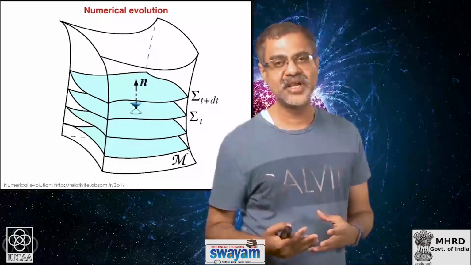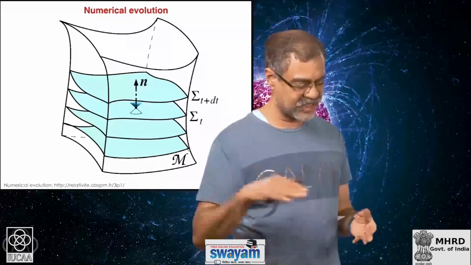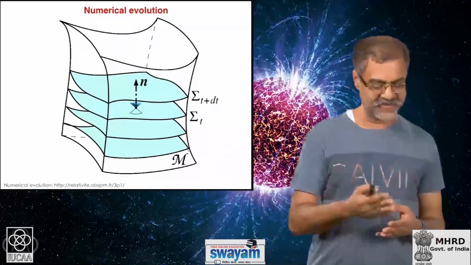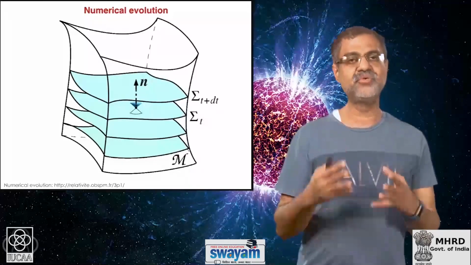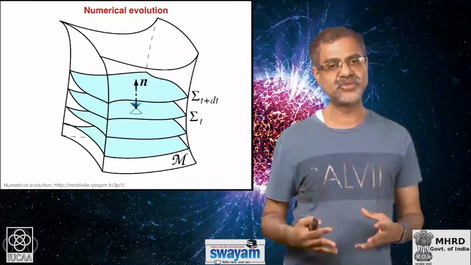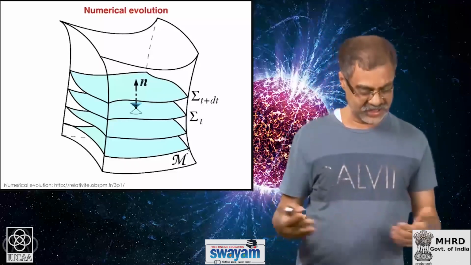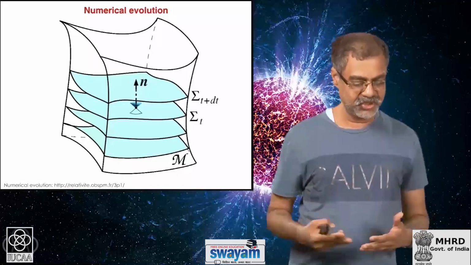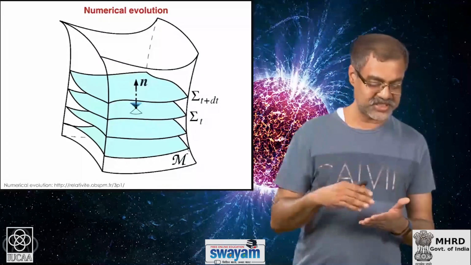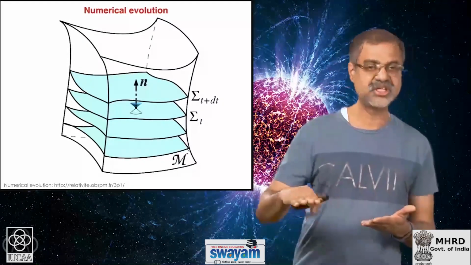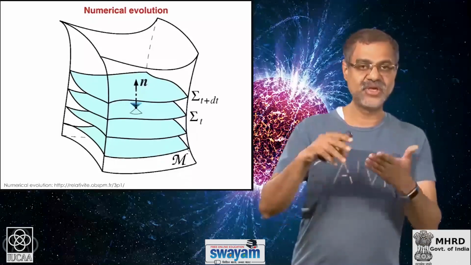The approach taken here is essentially you take time slices, or some kind of a splitting, of the 4-dimensional space into one evolving in the time direction and the other in the spatial direction. You consistently evolve Einstein's equation, set the initial condition, and then slowly evolve them.